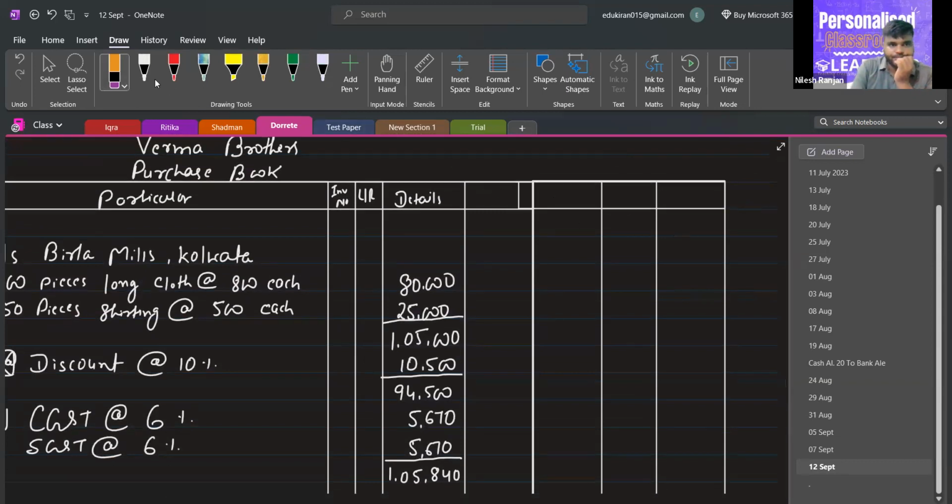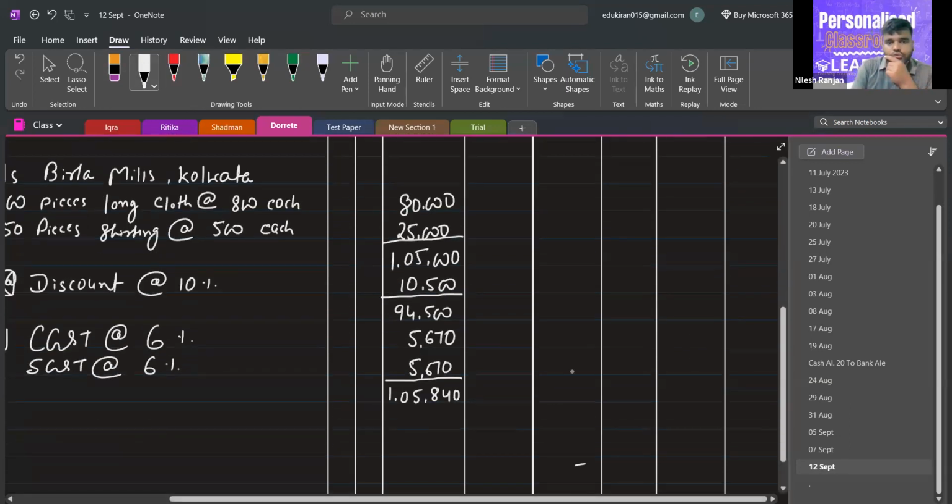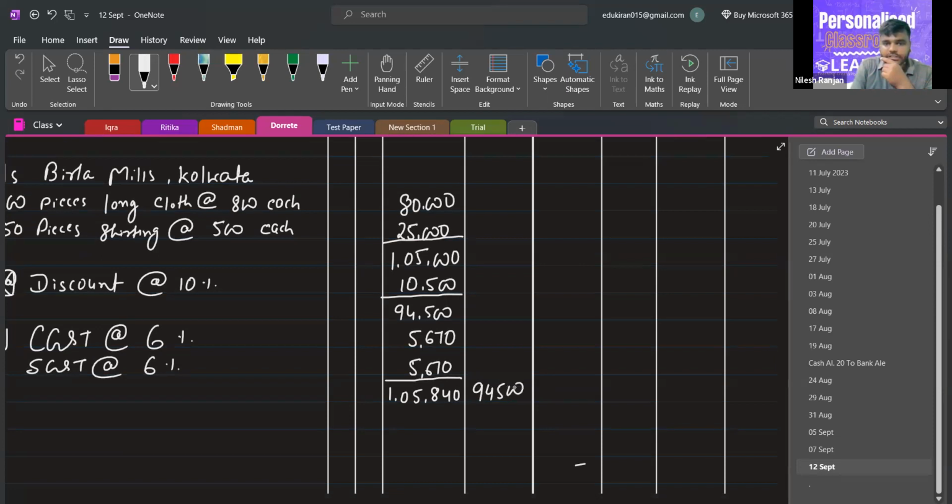This column will be cost. This column will be CGST. This column will be SGST, and this column will be total. So this is also called the detailed purchase book. So first of all, you will write here 94,500. This is your cost. Again, the CGST in the CGST column, SGST in the SGST column, and total will be written here, 1,05,840.